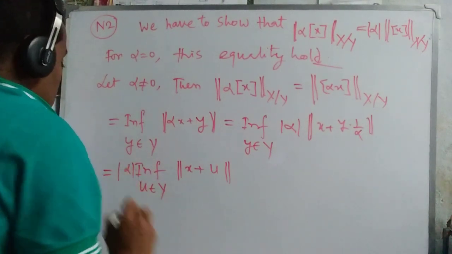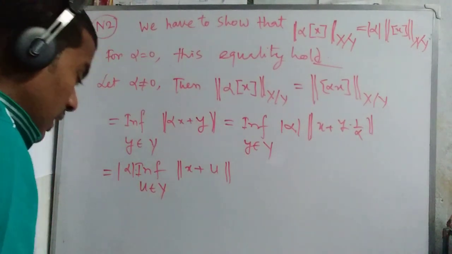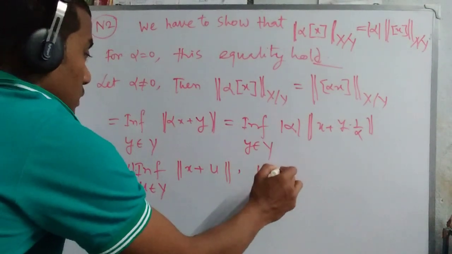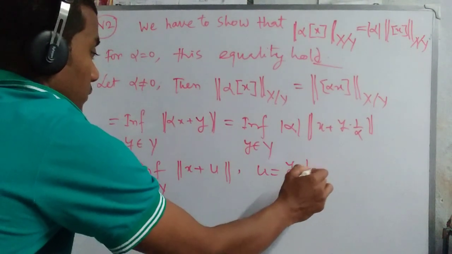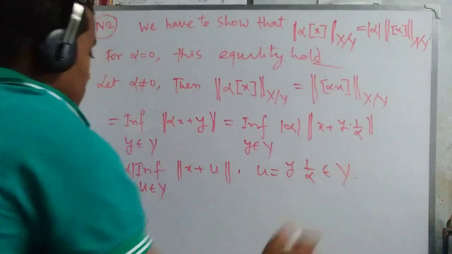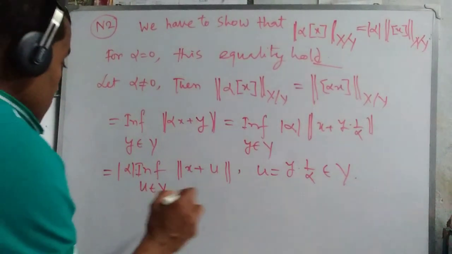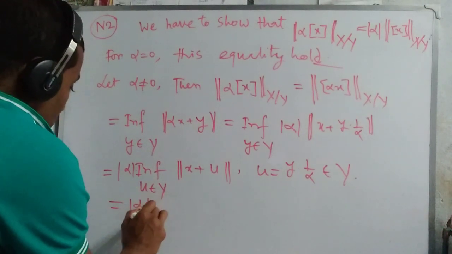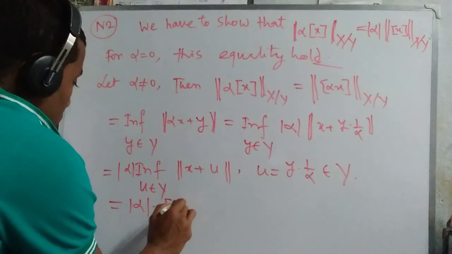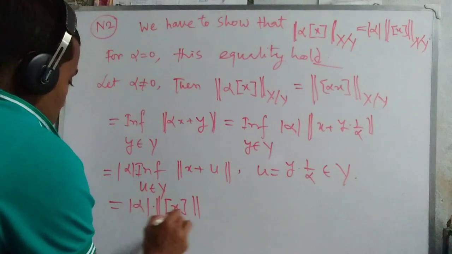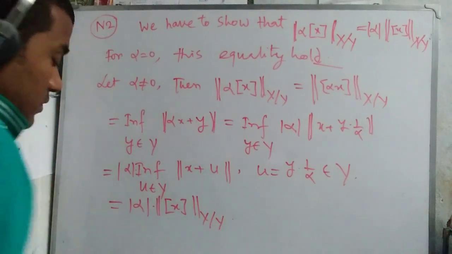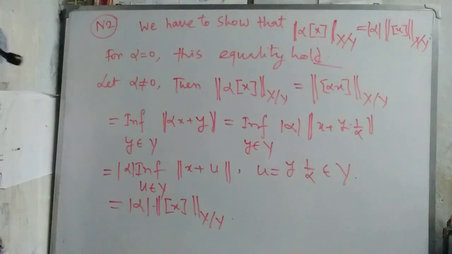Okay, and here we write what, u equal to alpha 1y belongs to y. Okay, then what happened, then this equal to alpha norm of x quotient y. Okay, so done.